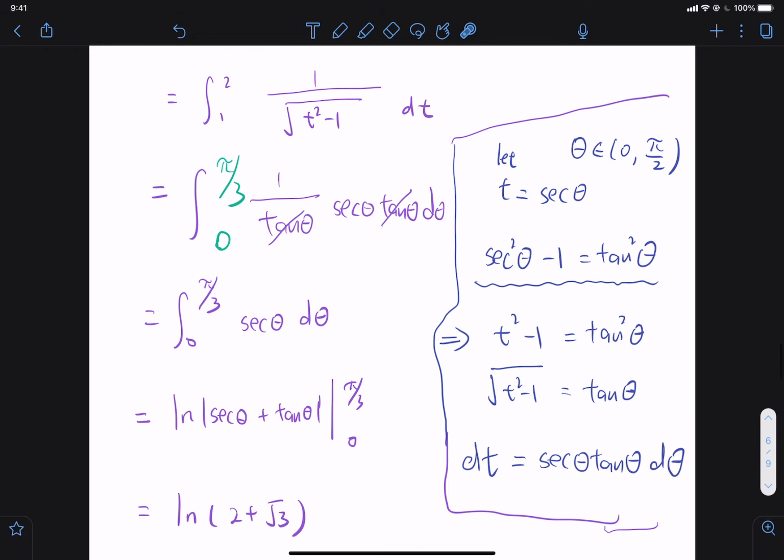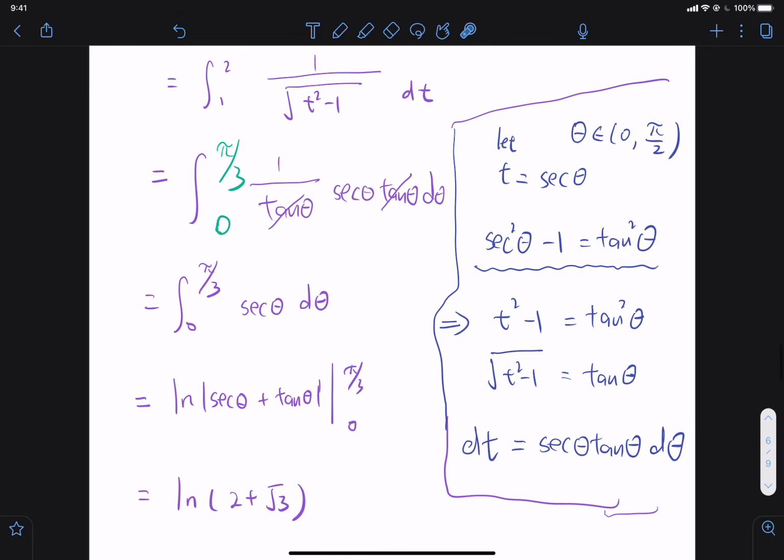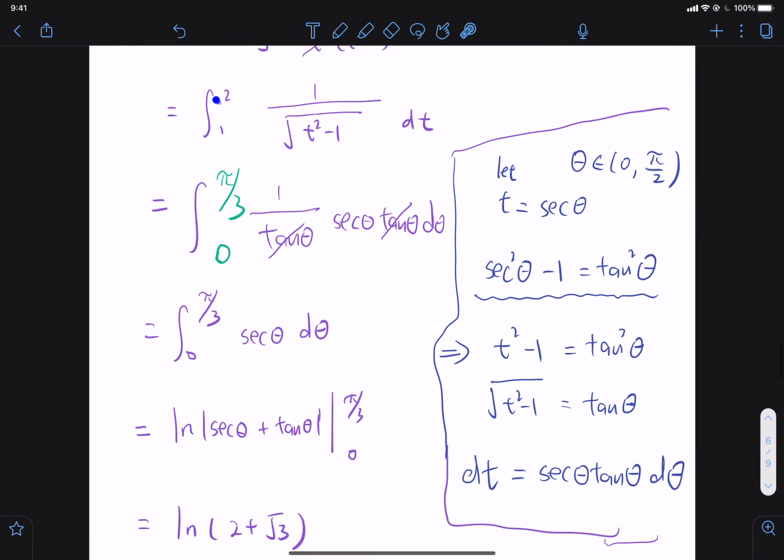And the other one, that is when t is equal to 2. When t is equal to 2, that means cos theta is equal to 1 over 2. Cos theta equal to 1 over 2 means theta is pi over 3. So now we obtain our new upper bound here, pi over 3.